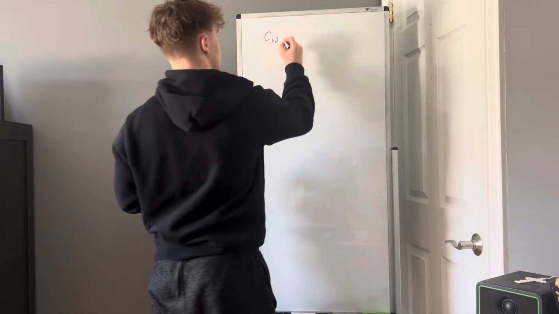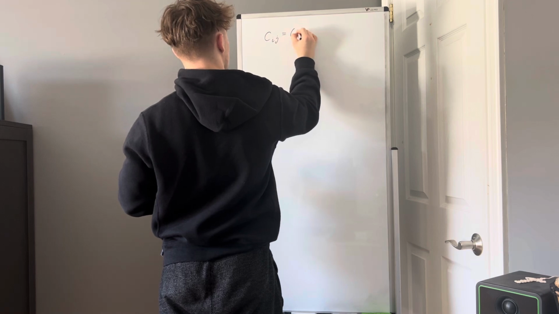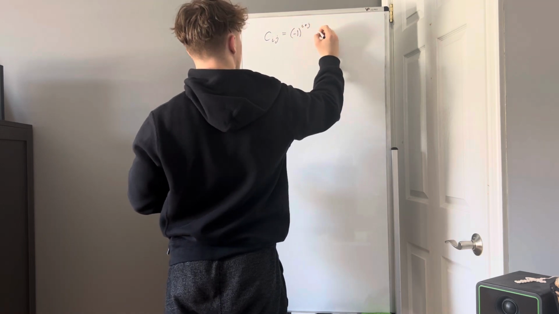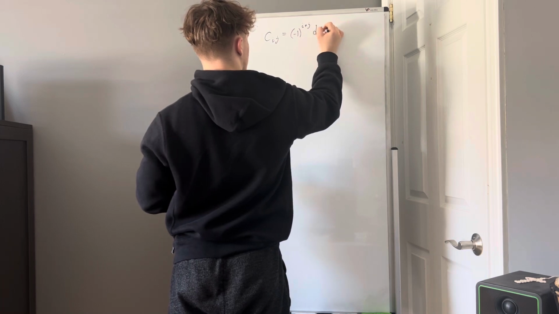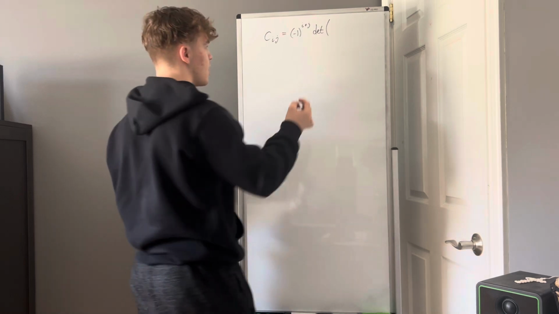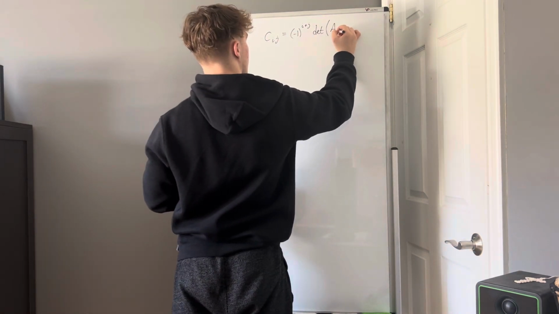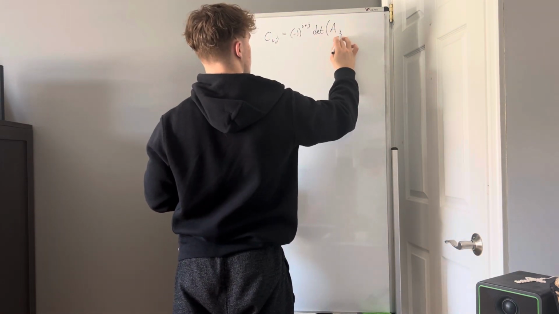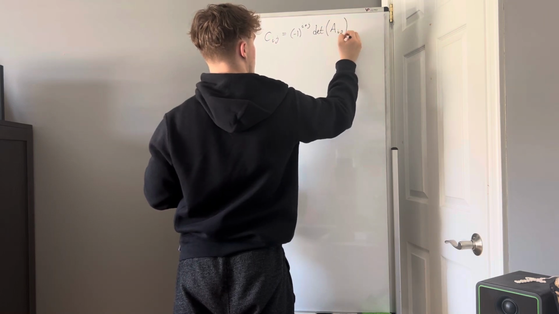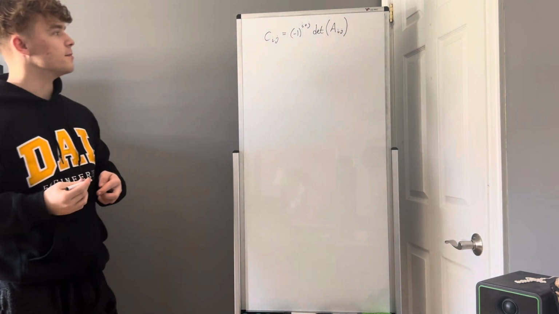And so this is equal to -1 to the power of i plus j times the determinant of your matrix, let's call it A, at Ij. Okay.